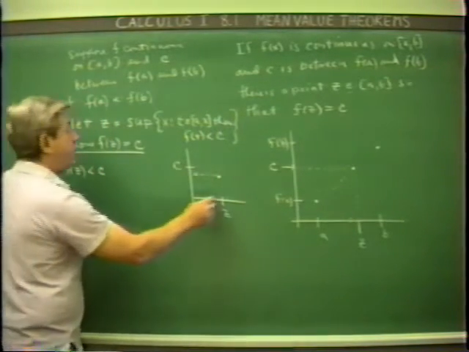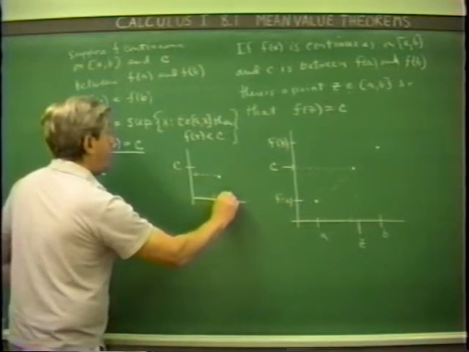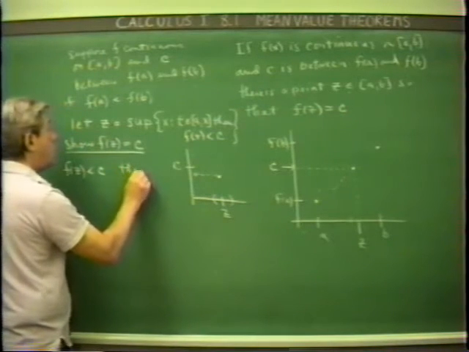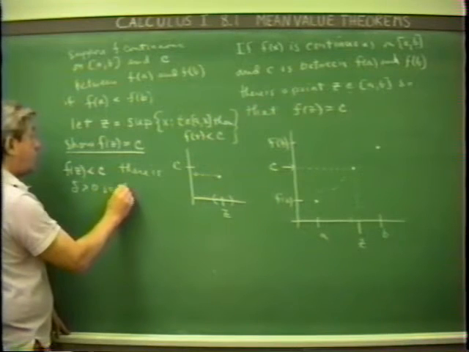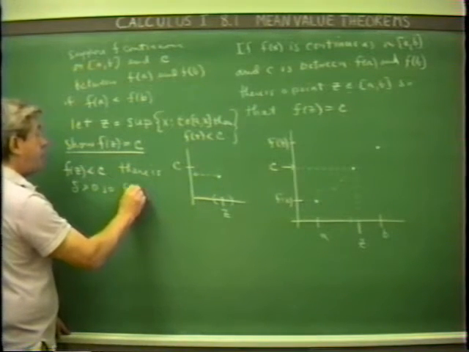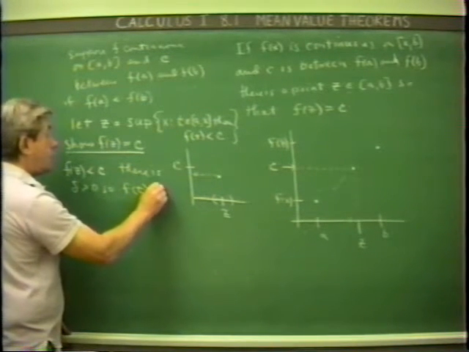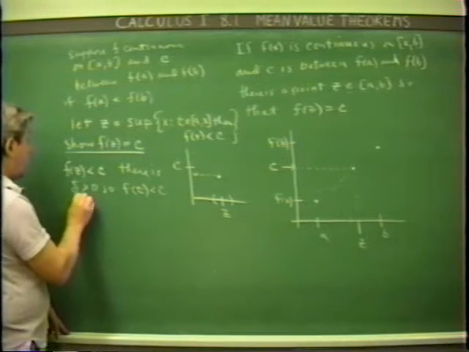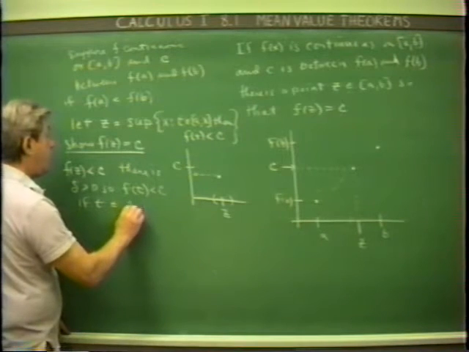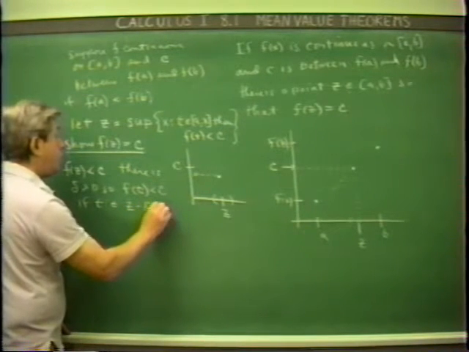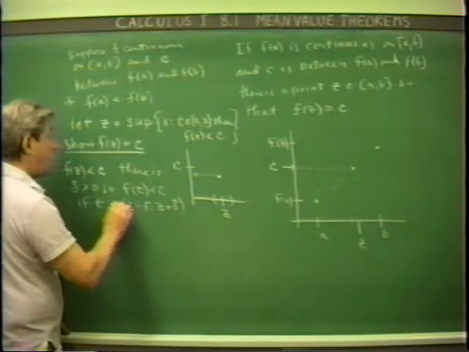But then since f is continuous, there would be a delta so that f of t is less than C if t is in the interval between z minus delta and z plus delta.